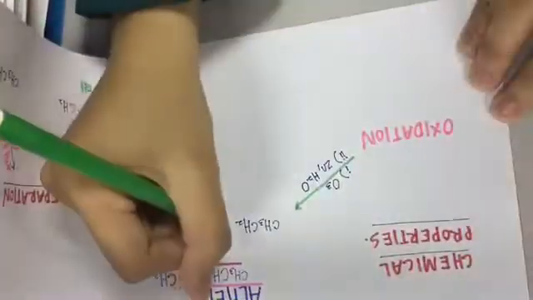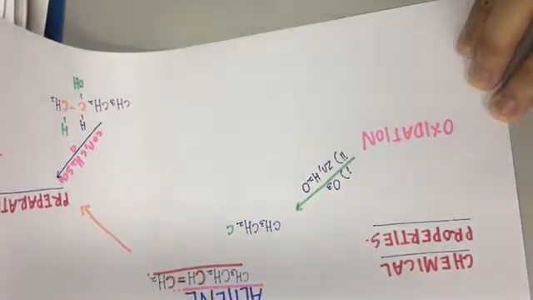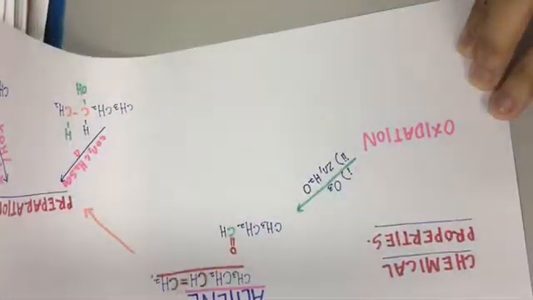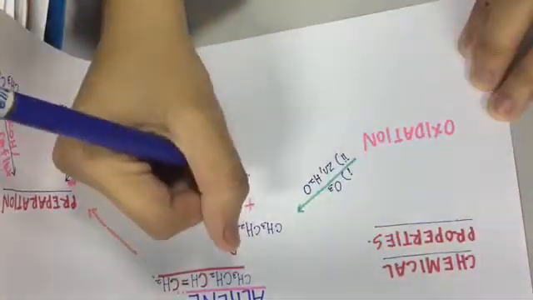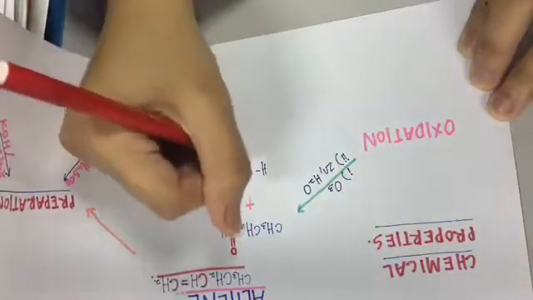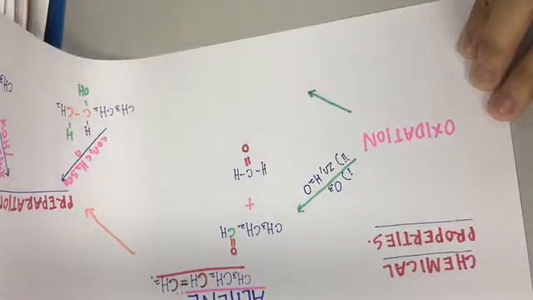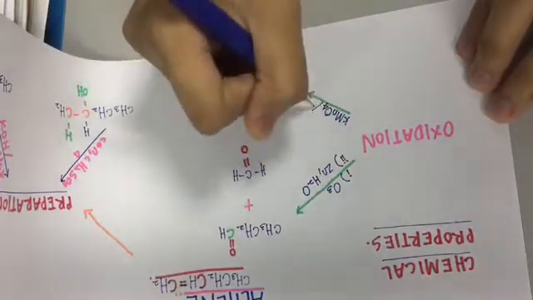The reaction will produce, as you can see in the mind map. The second reaction is KMnO4 and H plus in hot condition.